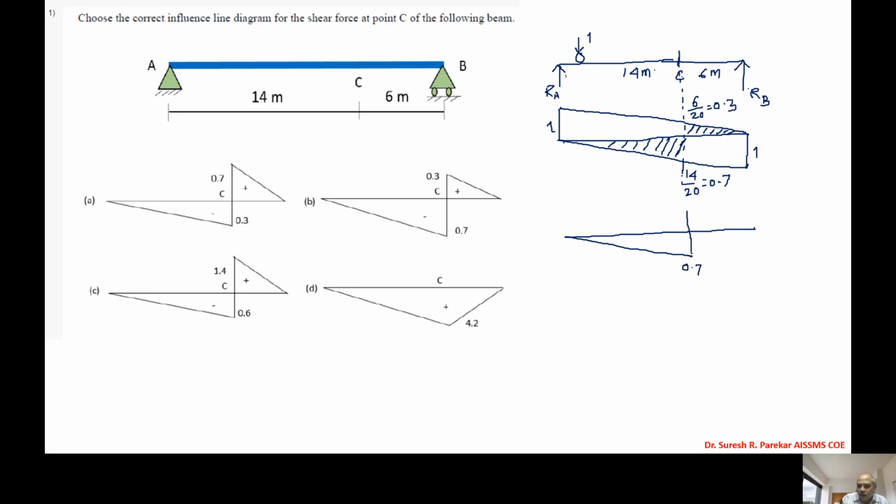Then we have to go up, that is given 0.3. And then we have 0. So this is ILD for shear force at C. So you can see we have this option, that is B. So we have option B.